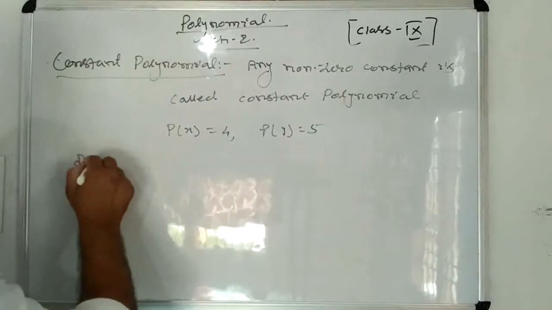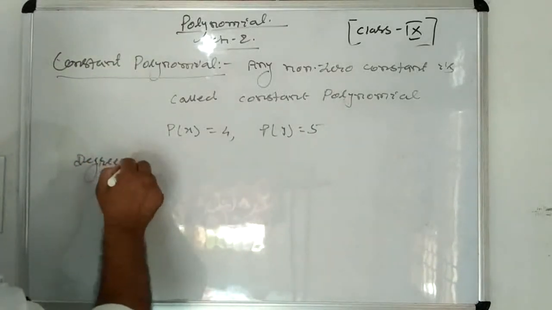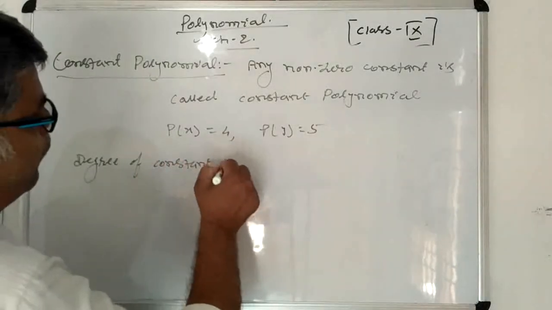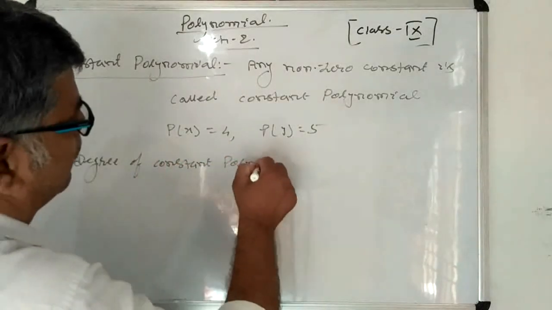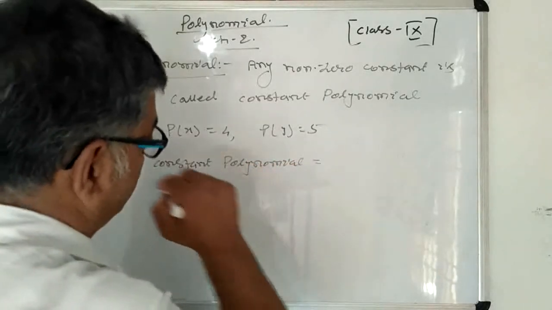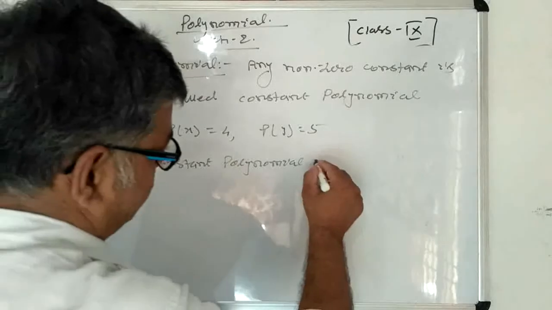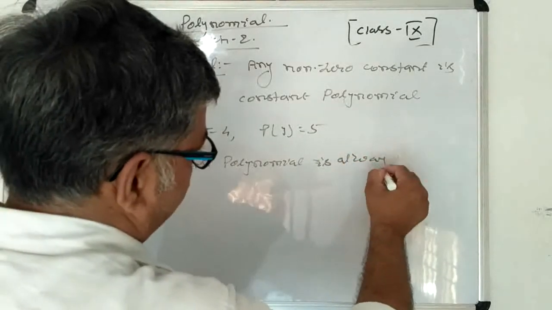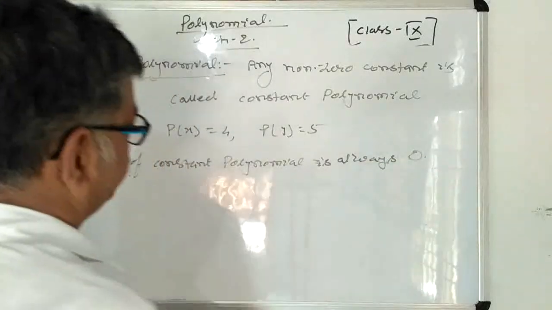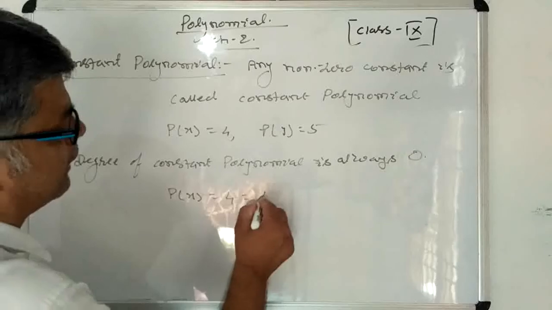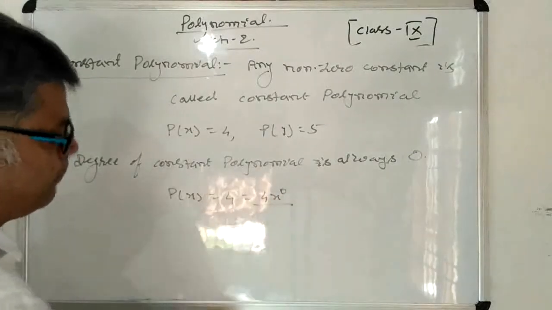The degree of a constant polynomial is always 0, because p(x) equals 4, and 4 can also be written as 4x to the power 0.